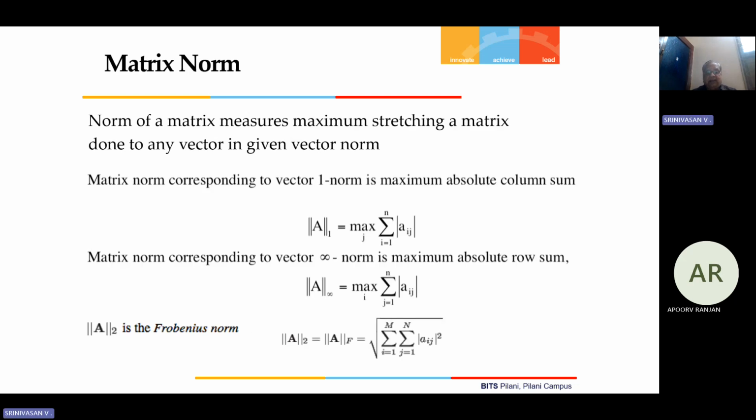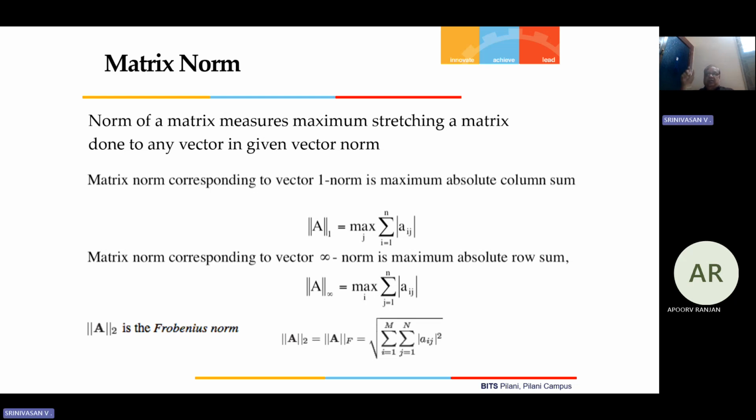Here again we are going to have some specialization by putting a subscript and giving an appropriate definition. The norm of a matrix measures the maximum stretching a matrix does to any vector in the given vector norm.